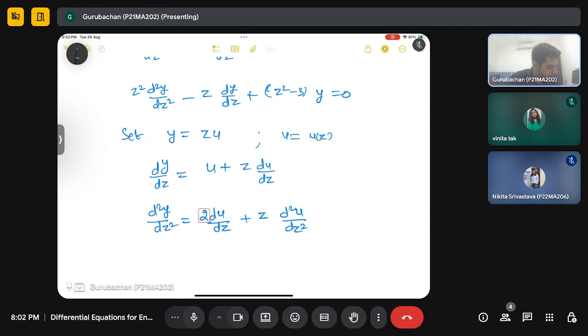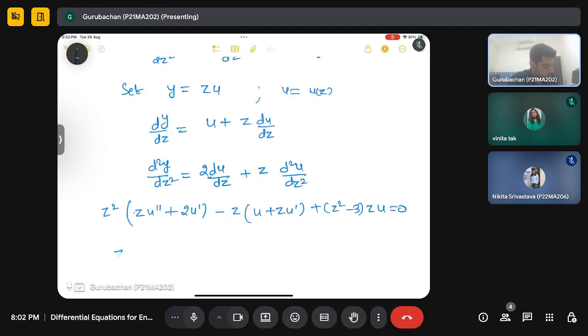So this will give you z square into z u double dash plus 2 u dash, minus z of u plus z u dash plus z square minus 3 z into u equal to 0.